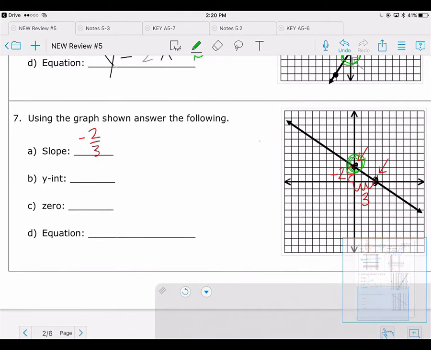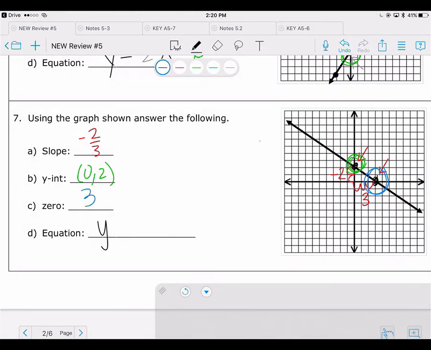My y-intercept crosses at a +2. My zero is at a +3. And my equation is y equals -2/3 x plus 2. So I have a slope of -2/3, down 2 right 3, and a y-intercept at 2, so my b value is 2.